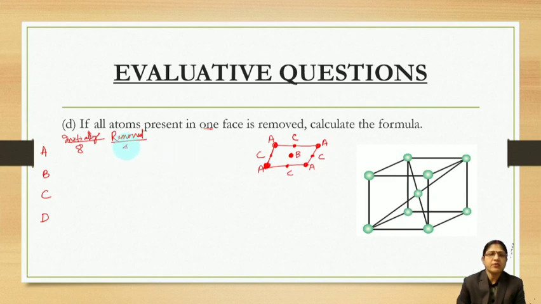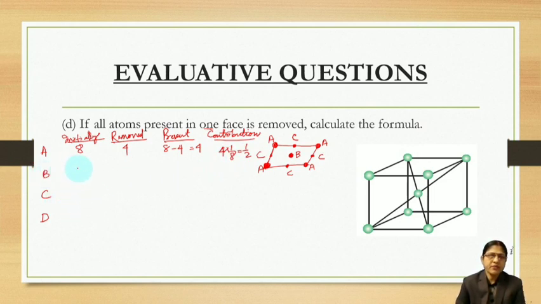So remove 4. So present how many? 8 minus 4 is equal to 4, and their contribution, corner atoms 1 by 8, 4 into 1 by 8 is equal to 1 by 2, right?